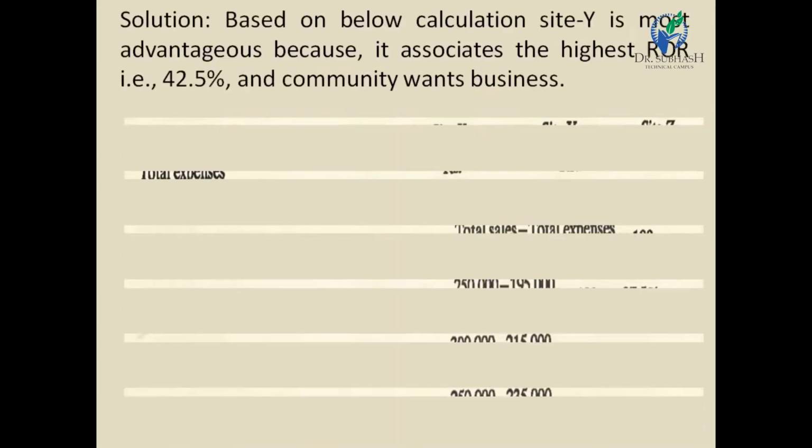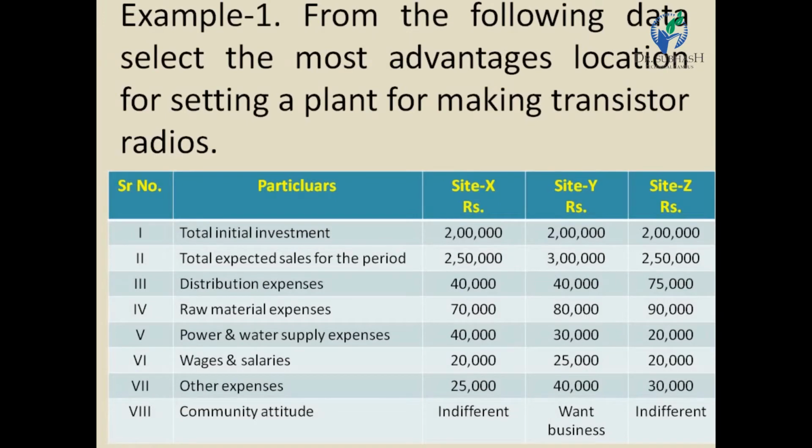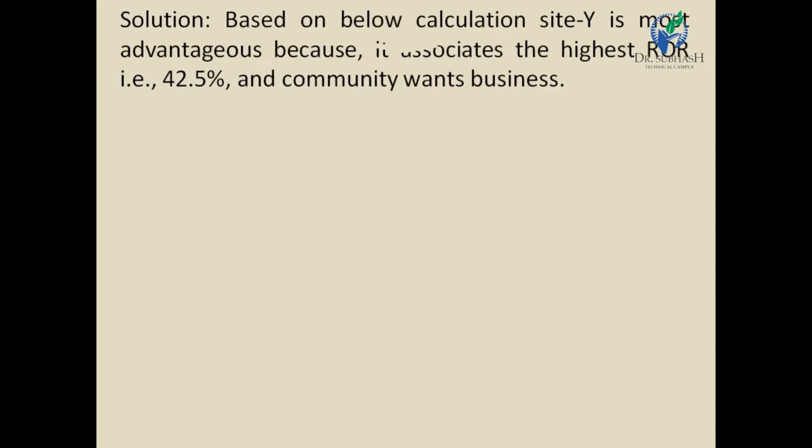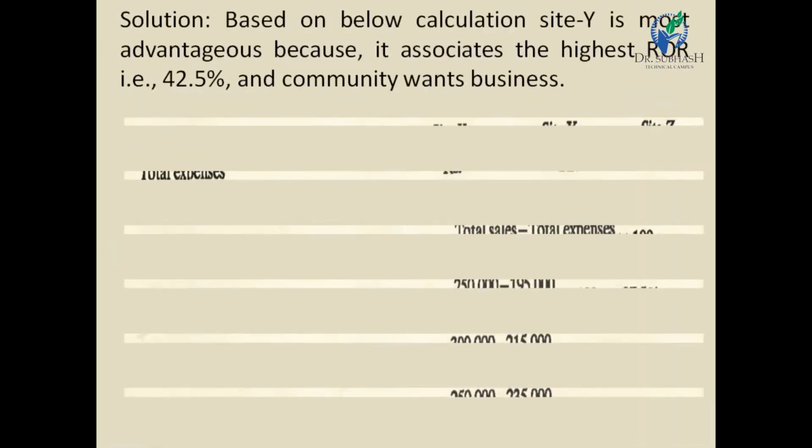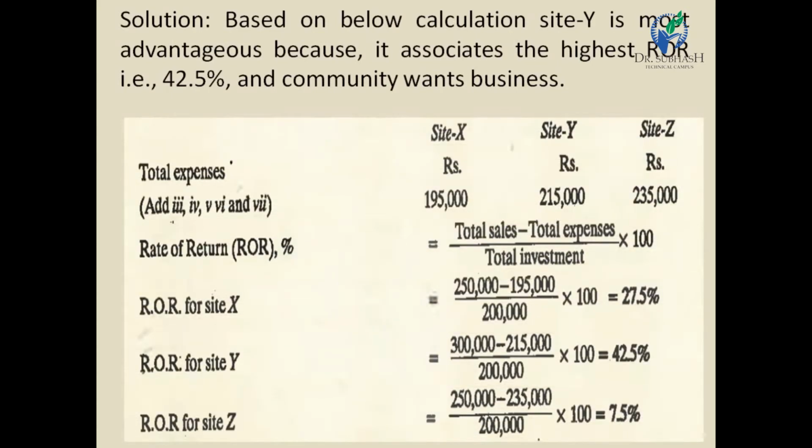Total sales for site X, as given in the table, is 2,50,000, and the total initial investment of site X is 2 lakhs.